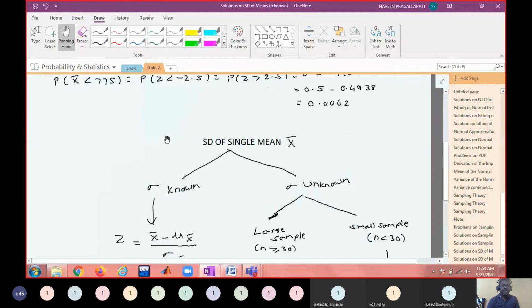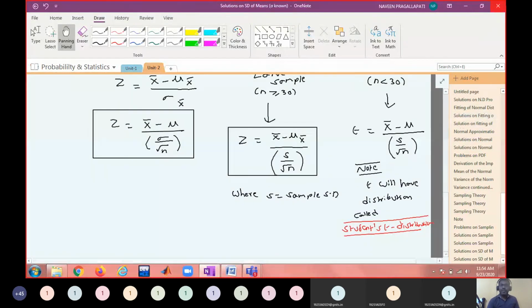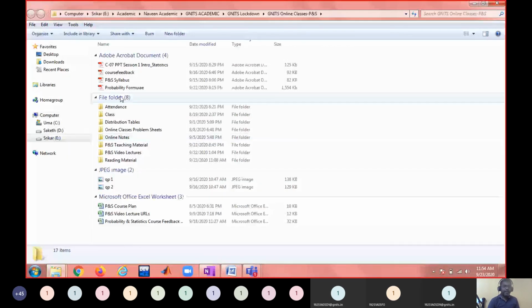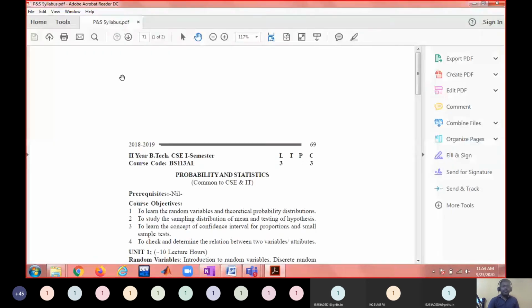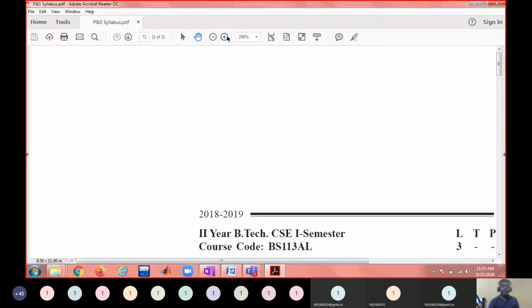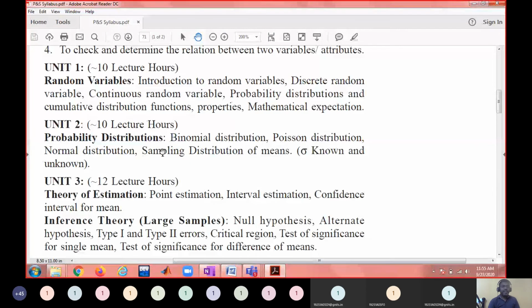With this I want to conclude the second unit. Just look at the second unit topics. The second unit is only two lines, but it took so much time to complete.